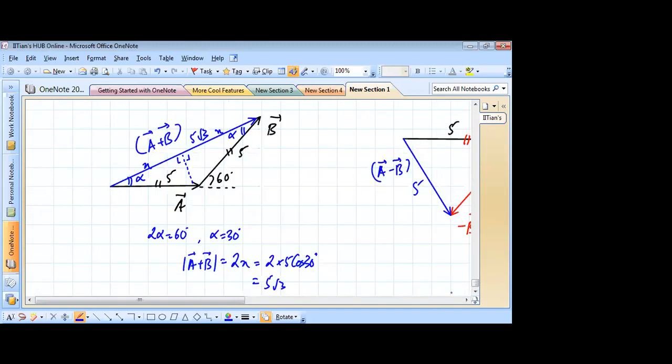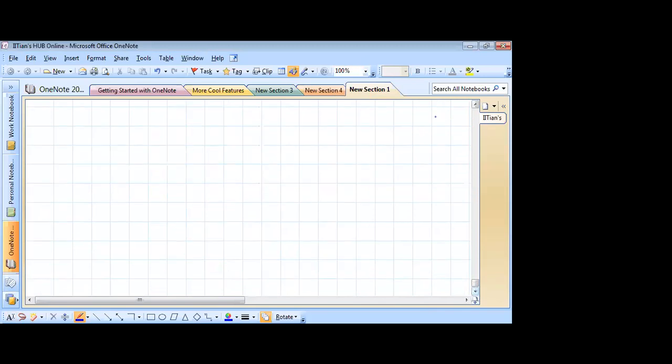Now we move on to a second way of interpreting vectors, which is called the component method. So now we come to the component representation of vectors.